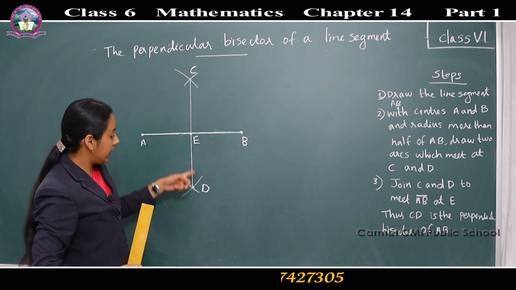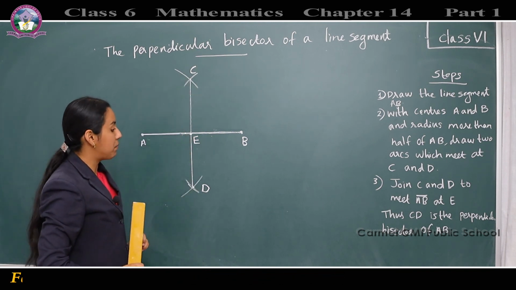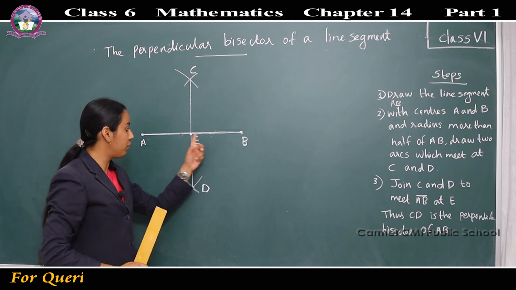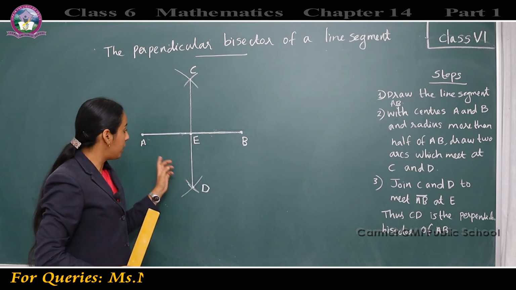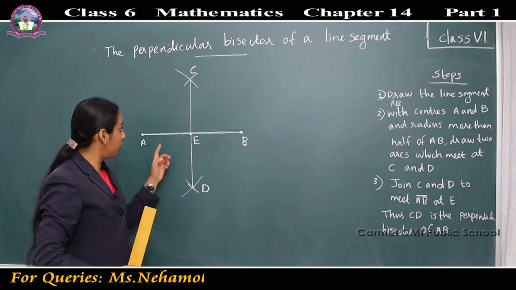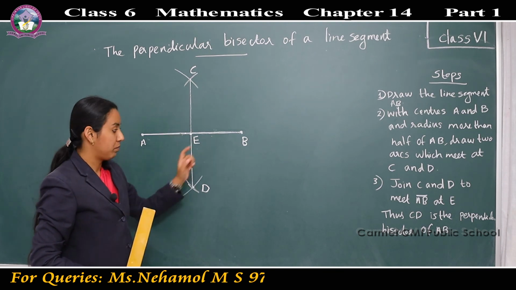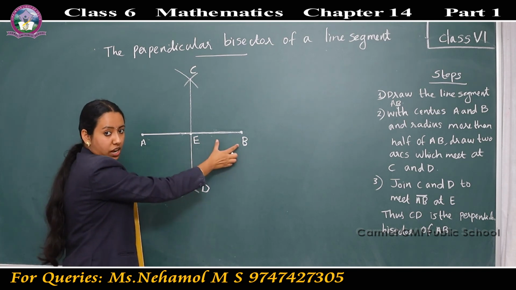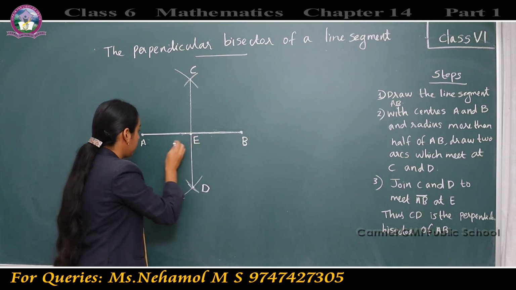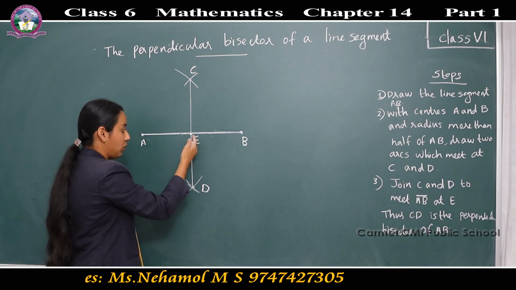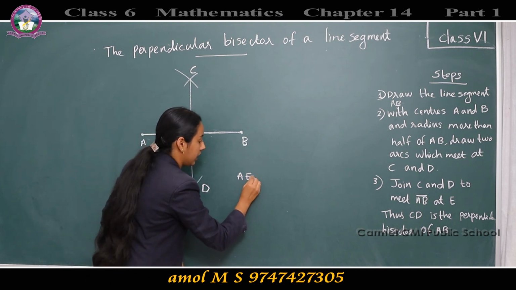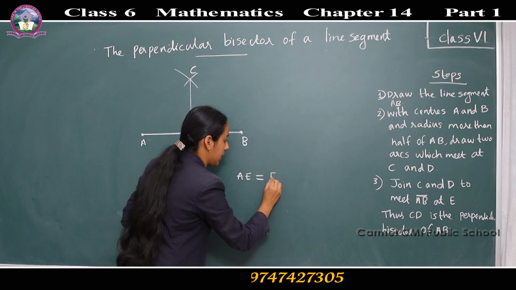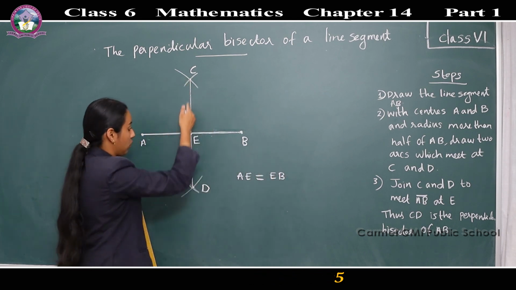Thus, CD is the perpendicular bisector of AB. CD divides AB into two equal halves. Since it is E, we can say AE is equal to EB.